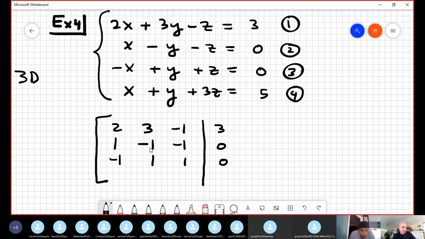If I make a mistake, you let me know, guys. 1, 1, 3, and 5. And this matrix is 4 by 4, 4 rows and 4 columns.